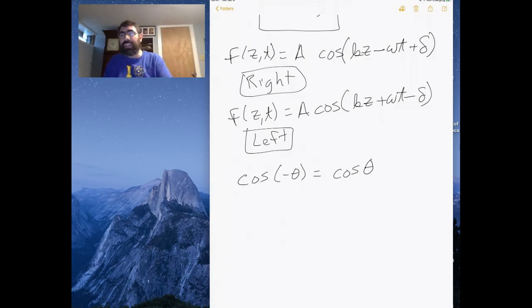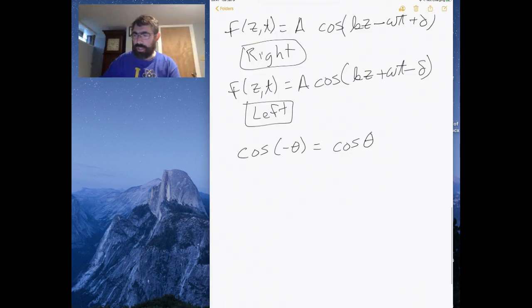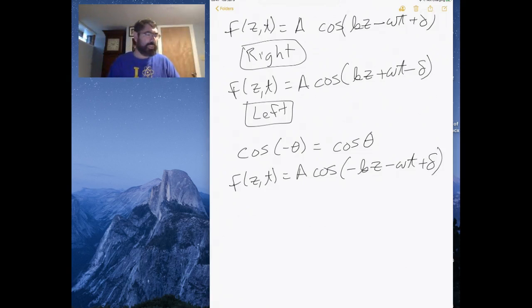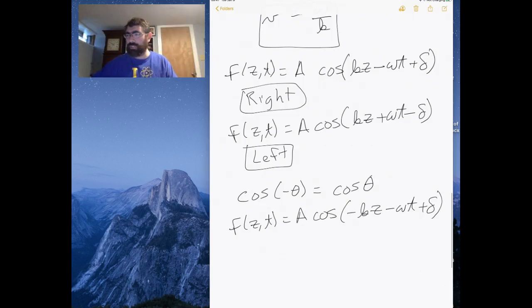So in this case, I could actually take out the minus sign, and for my left-going wave, I could have minus kz minus omega t plus a positive phase. So if I want to think about it in terms of a positive phase, for a right-going wave, everything is the same except for the kz. In this case, the kz is negative. So this may be an easier equation to remember, that a left-going wave has a minus kz, a right-going wave has a positive kz.